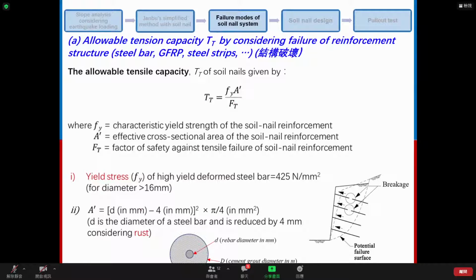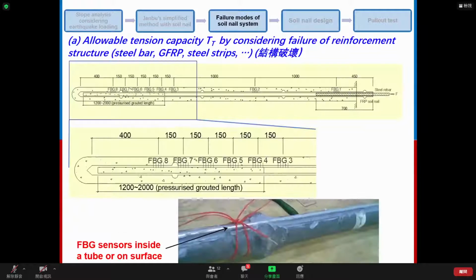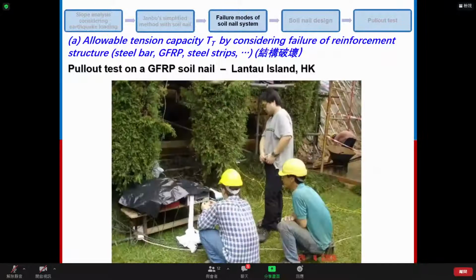We consider the corrosion, the rust problem, to decrease the original diameter and the area of the reinforcement. The second part, we also discuss some real measured data, you see.